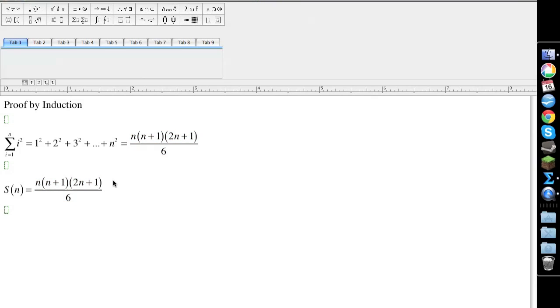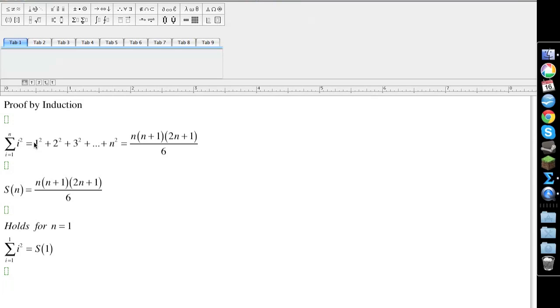So first I have to prove that it holds for n equals 1. So then I put 1 in the sum right here instead of n. So then I just have to put 1 into this formula to check if the sum from i equals 1 to 1 of i squared is equal to S of 1.